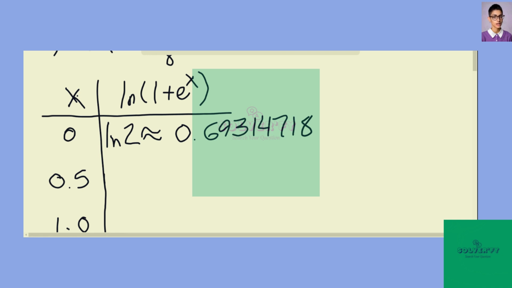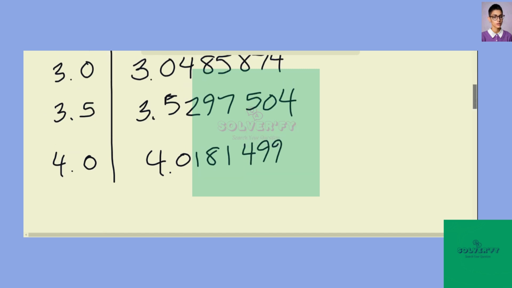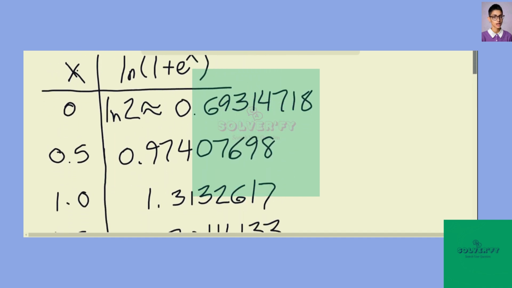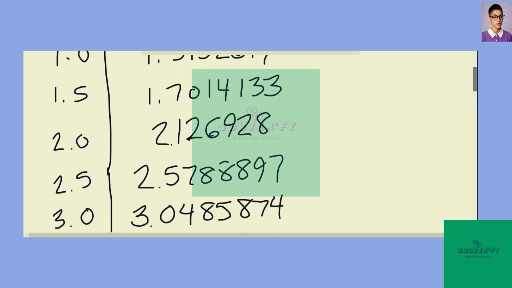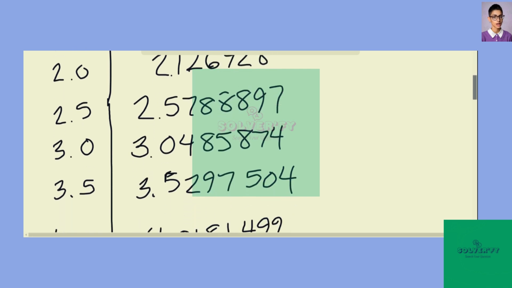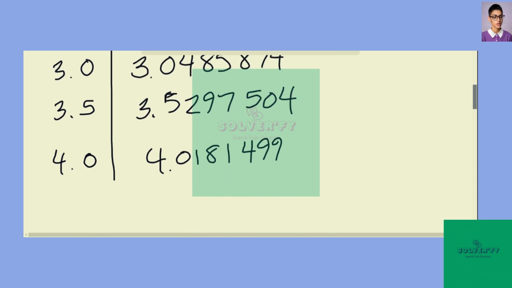Likewise, plugging in x equals 0.5, we get approximately 0.974076. And we continue in this fashion all the way to x equals 4. Your table of values should look something like this. Depending on how accurate you want to be, you may have more or fewer decimal places on the right.